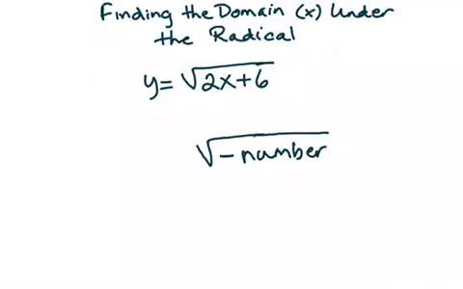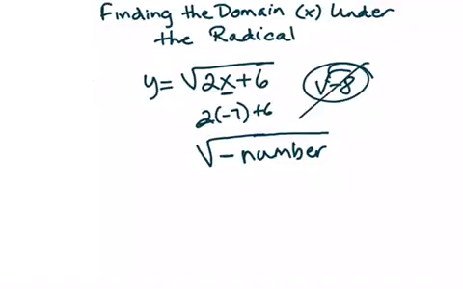So the x right now could not be a negative number. If I have a negative 7 right now for x, 2 times negative 7 plus 6, that would end up being negative 14 plus 6. It would end up being negative 8 under the radical. That you can't have. It has to be a positive number.